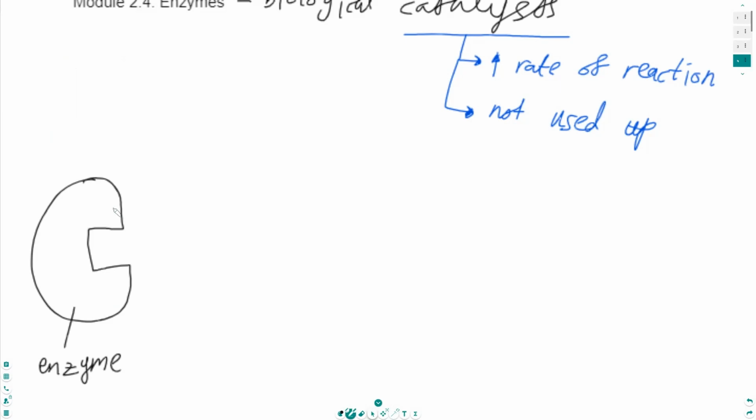So why are enzymes so remarkable? Well, chemical catalysts usually need very high temperatures, increased pressures and extremes of pH.